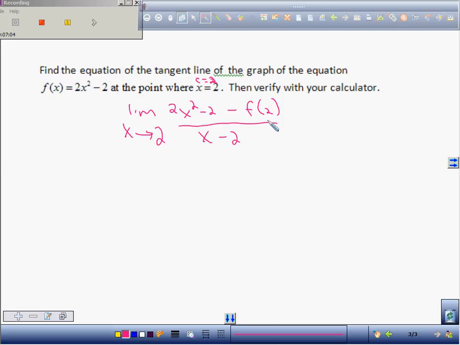So you plug this in, and you get that this is equal to the limit as x goes to 2 of 2x² minus, and when I plug 2 into this equation, I get 2 squared, which is 4, times 2, which is 8, minus 2, which is 6, over x − 2.